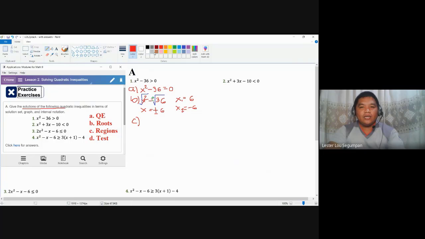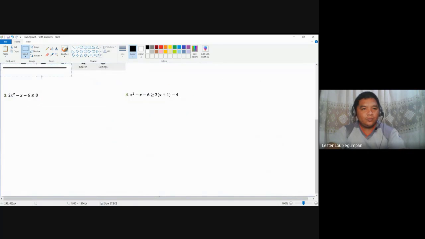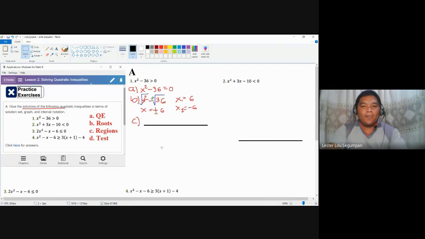The regions are actually a product of creating the real number line. Let's use a straight line here. Okay, let's have this real number line. I'm going to just duplicate this for the other numbers so that I'm not making them from time to time. We are going to plot these roots in the real number line.